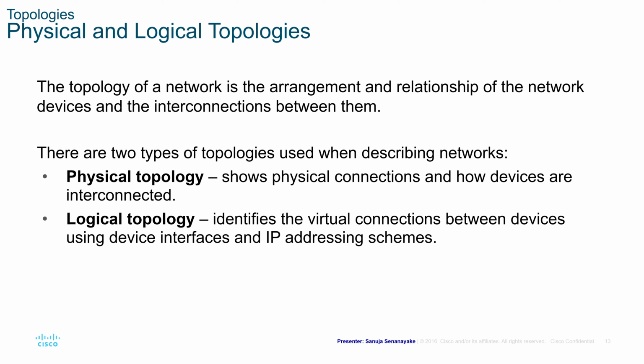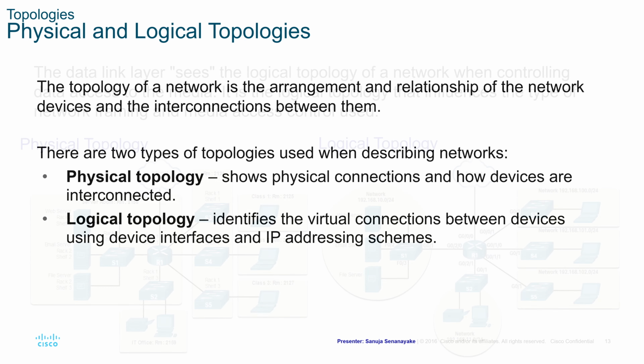The physical topology shows physical connections and how devices are interconnected, while the logical topology identifies the virtual connections between devices using device interfaces and IP addressing schemes. Just reading out these slides probably is not going to make any sense to you. So let's look at some diagrams and try to understand how physical topology is different from logical topology.